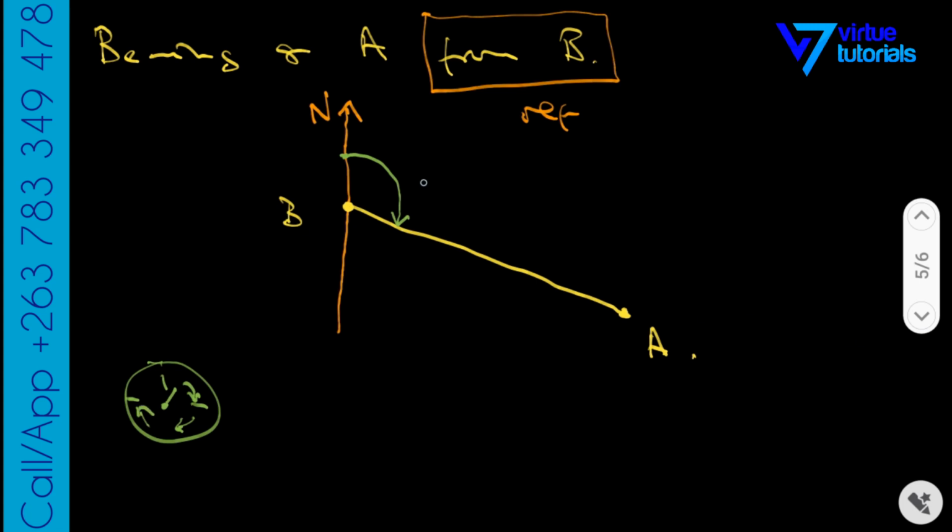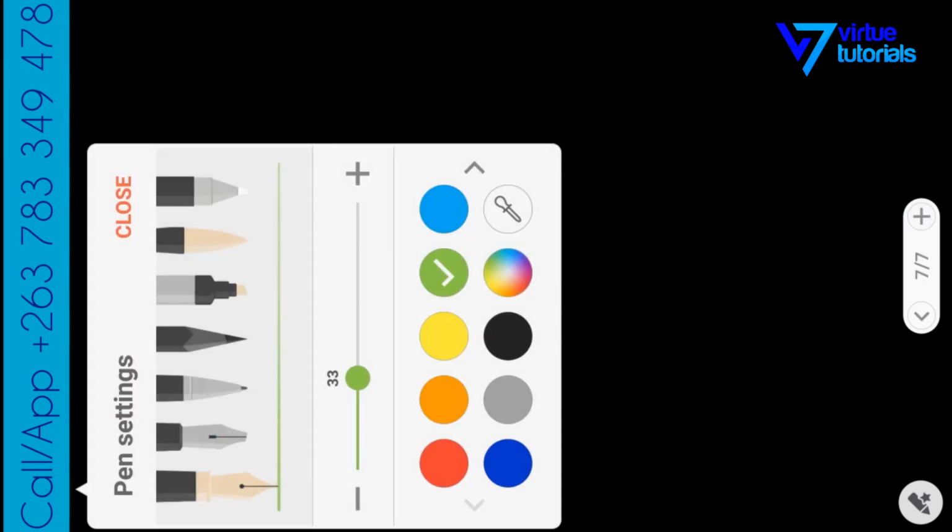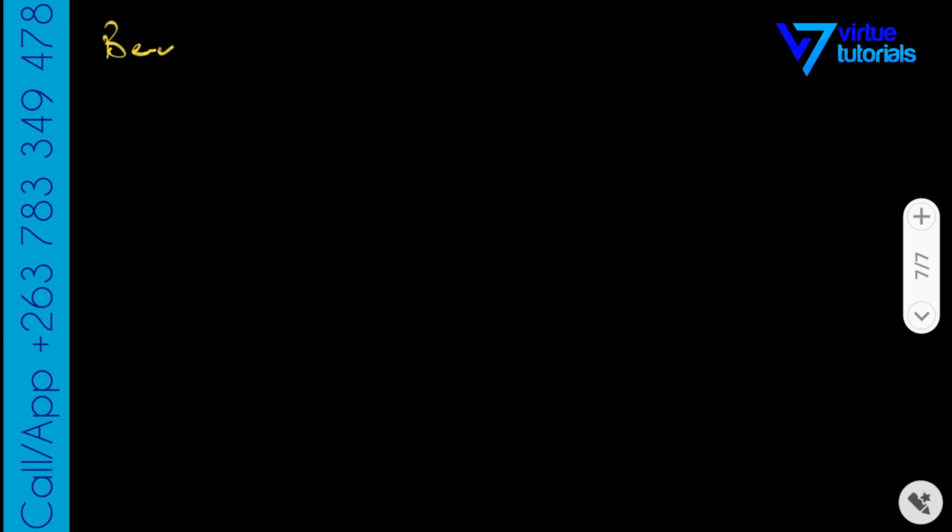If this angle was, for example's sake, 110 degrees, it means that your bearing would be 110 degrees. Your bearing is simply your clockwise angle from the north line at the reference point to the line joining the 2 points.